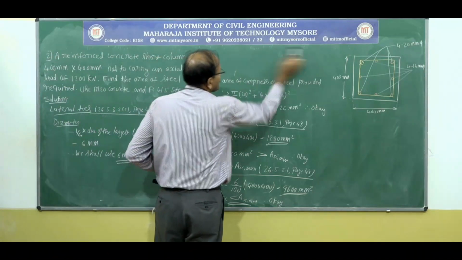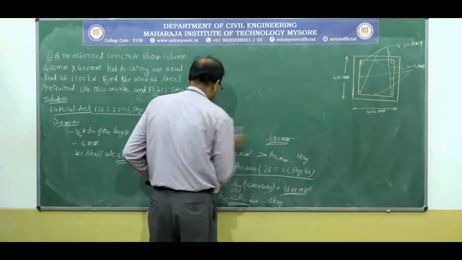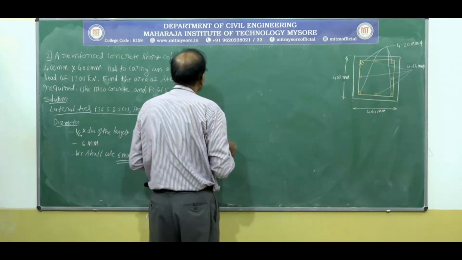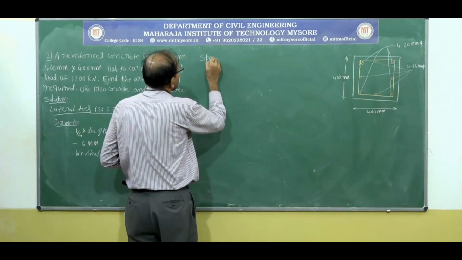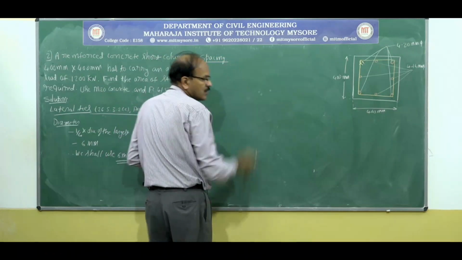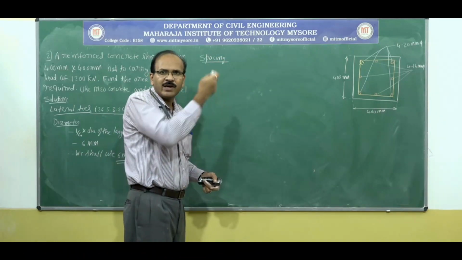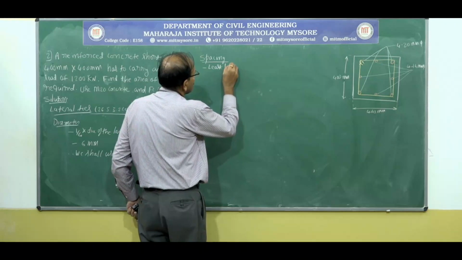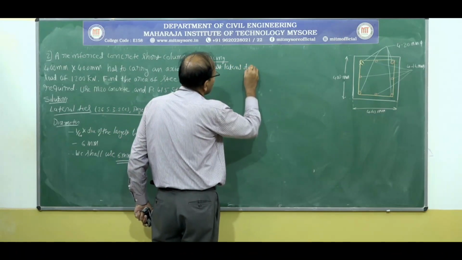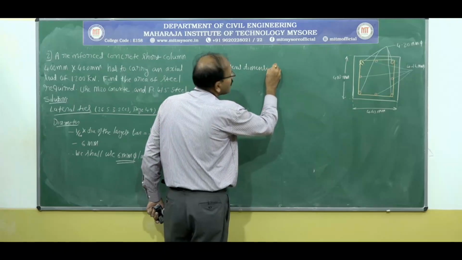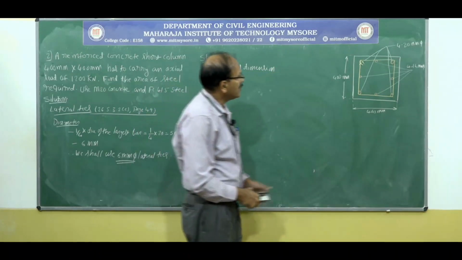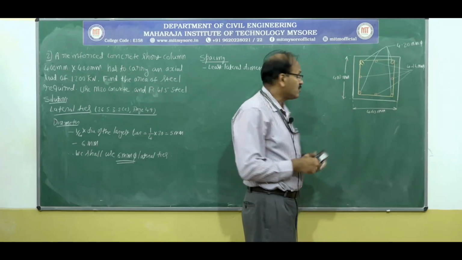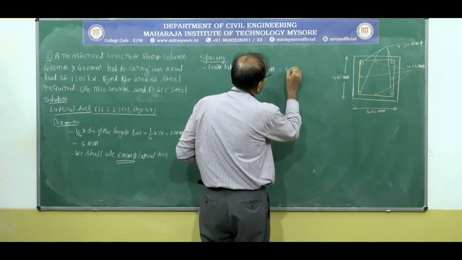Next, what is the spacing of lateral ties? Spacing should not exceed the following: first, the least lateral dimension. Here it is a square section, 400 by 400, so the least lateral dimension is 400 millimeter.